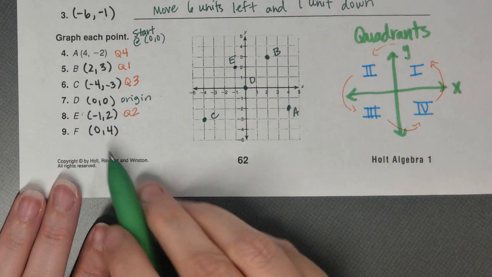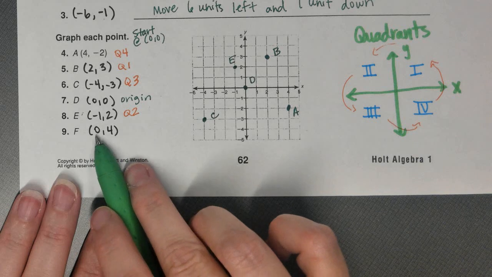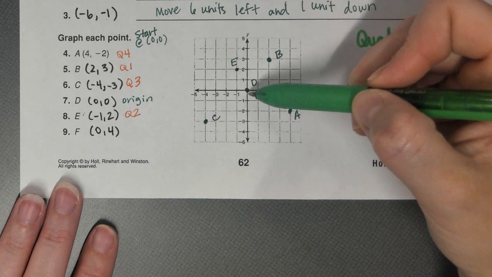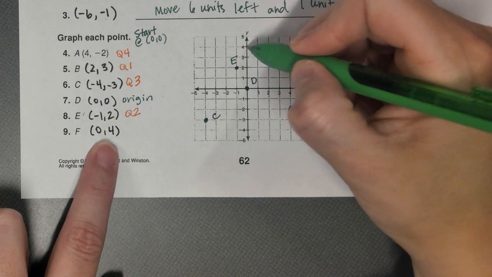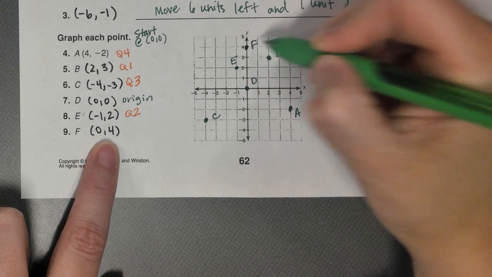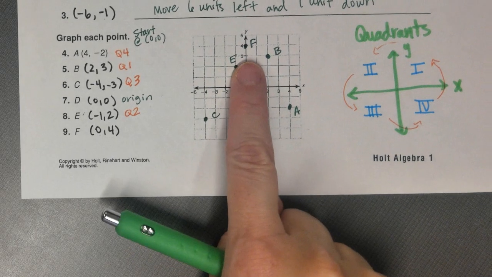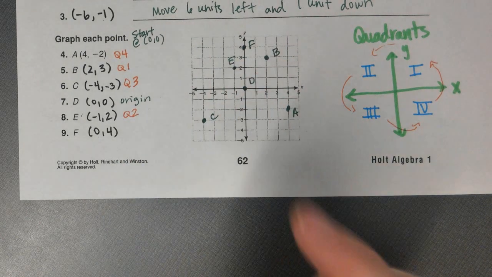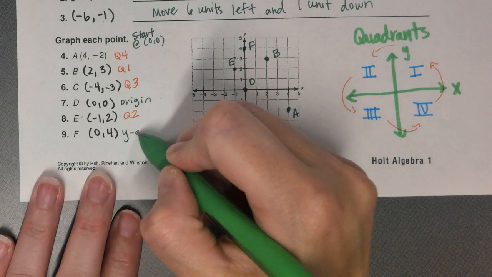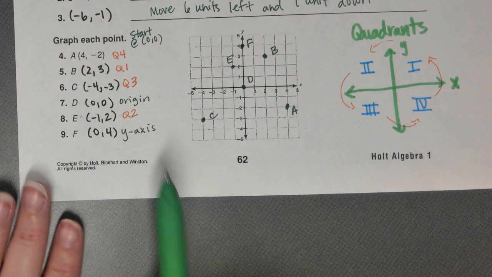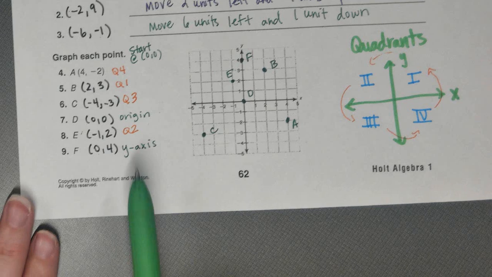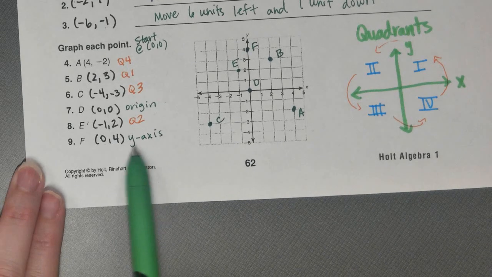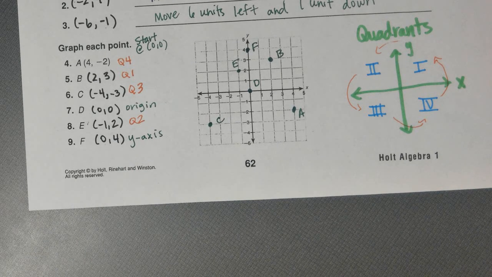All right, and then you have 0, 4. 0, 4 and 4, 0 are easy to get confused. So remember, if you go 0 on the X, you're just going up 4 on the Y. Okay, this is a Y-intercept. And so we say that this is on the Y-axis. So sometimes it won't be on a quadrant, it might be on an axis, and that's fine. So if it was on the X-axis, you would just say X-axis, okay?